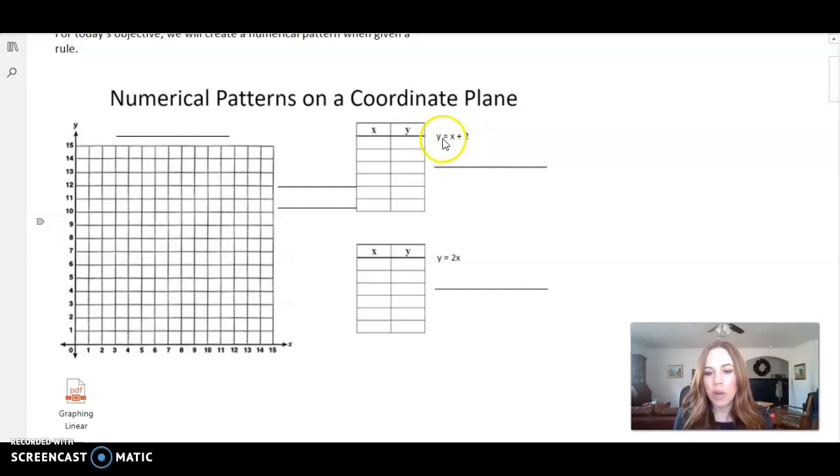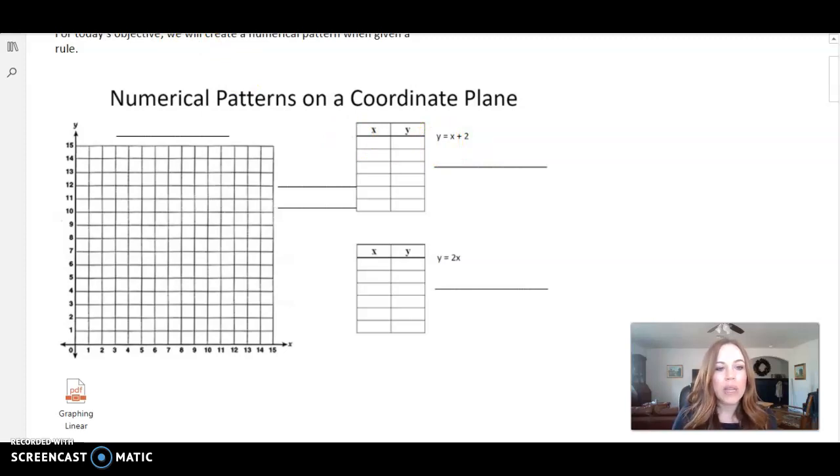If we have the equation y is equal to x plus 2, the fun thing is we can come up with our own x. We get to decide what x is, and then the rule, y equals x plus 2, will tell us what y is. So let's think of some numbers for x, and then the rule will tell us what our y will be.